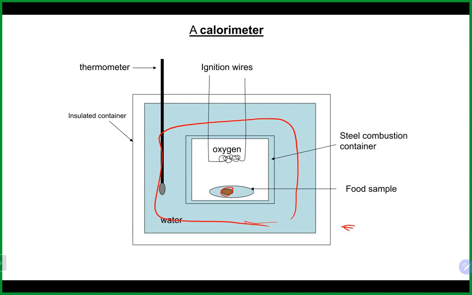As it's burning, it transfers energy from your cookie to the water on the outside. Doing a very simple calculation like we just did, using the specific heat capacity of water and the specific heat equation, you can figure out how much energy is released by your cookie, which you can then translate into how many nutritional calories that would be. That's how they get those numbers you see on the back of packages, the calories in a food item.